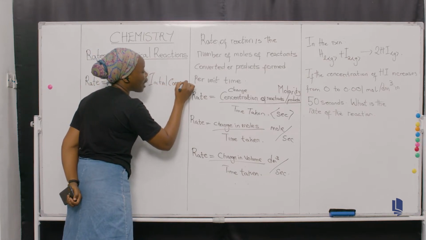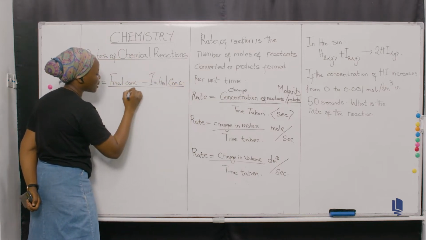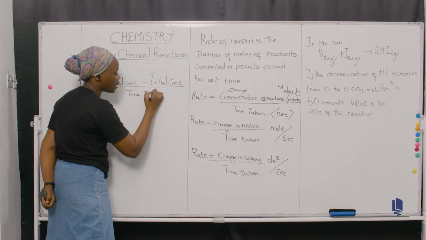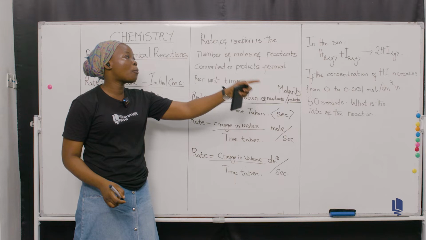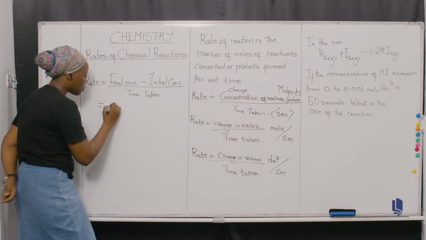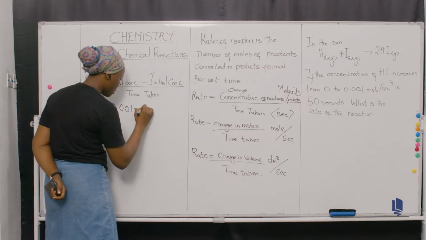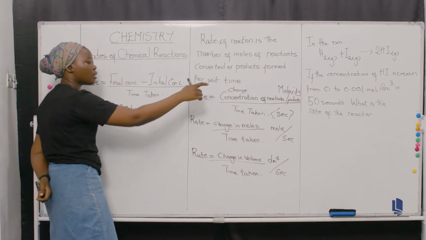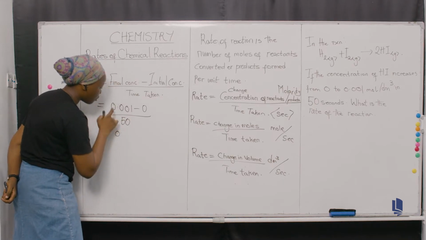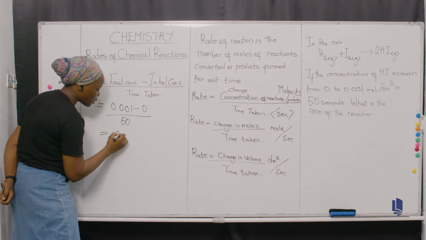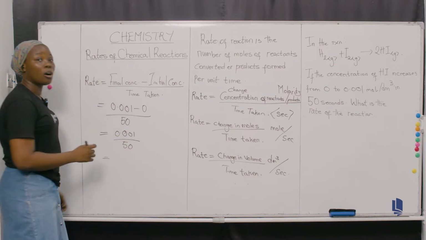Since we are talking about change, it will be final minus initial over time taken. The time taken is the duration. The final concentration here is 0.001, minus initial, which is 0, over time taken, which is 50 seconds. So it's going to be 0.001 minus 0, which gives 0.001, divided by 50. Let's punch this in our calculator.